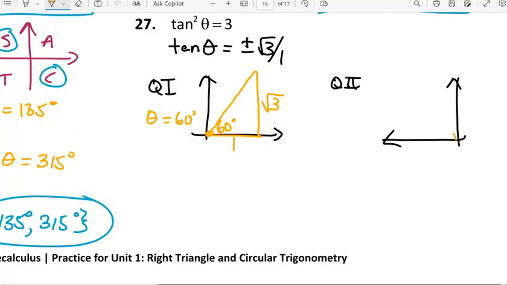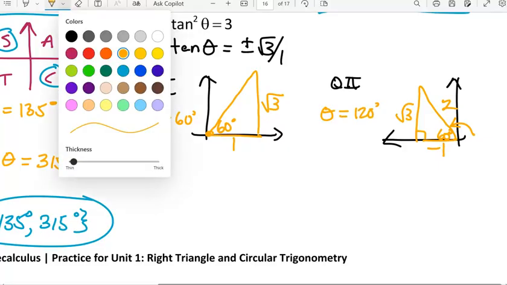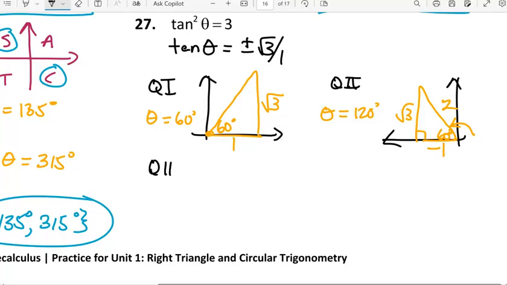We're going to draw the exact same reference triangle, but just reflected across into quadrant 2, because our opposite over adjacent is negative square root of 3 now, and hypotenuse is 2, but that doesn't matter. Still a 60-degree reference angle, and our angle theta this time is the supplement of that, so our theta is 180 minus 60, or 120.